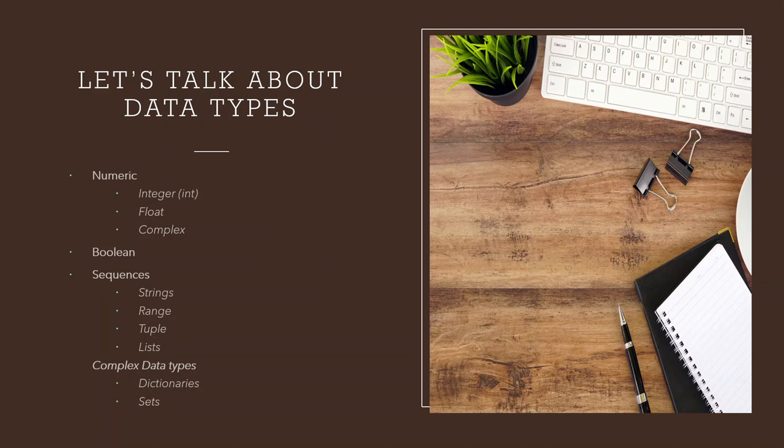And then we've got sequences of data, which are data types, be it a string, a range, a tuple, some may call it a tuple. And then we've got a list. Now, if you've used up to this point another language, not all languages use the same data types.